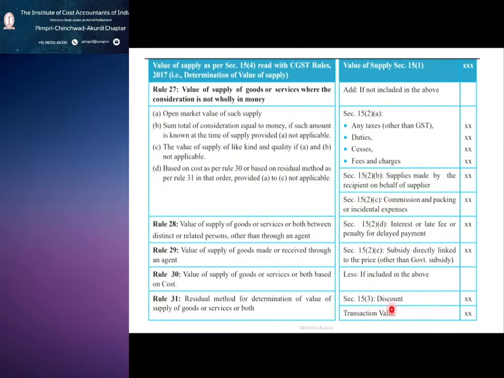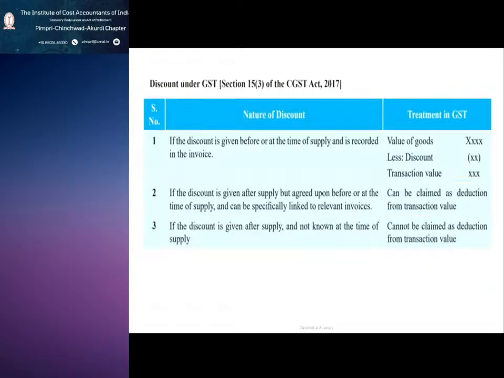So discount is another very important area. In discount, we have seen that if the discount is given before or at the time of supply and is recorded in the invoice, then you will show the invoice net of discount as the transaction value.